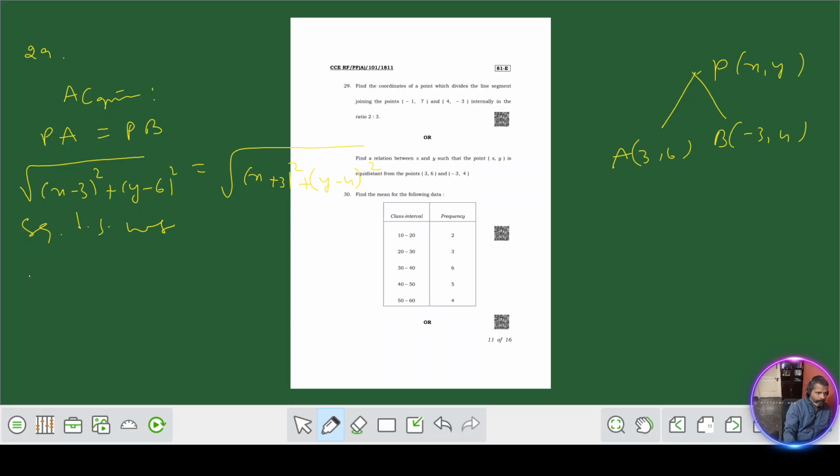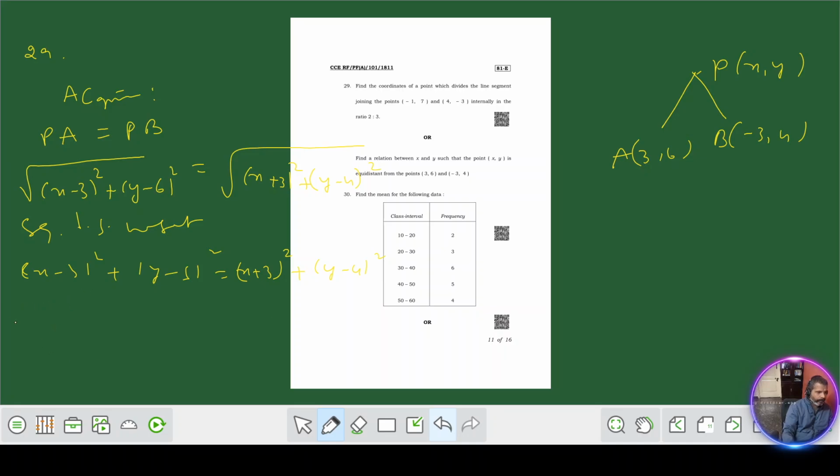(x minus 3) whole square plus (y minus 6) whole square is equal to (x plus 3) whole square plus (y minus 4) whole square. Okay.